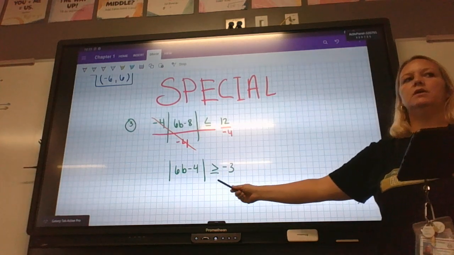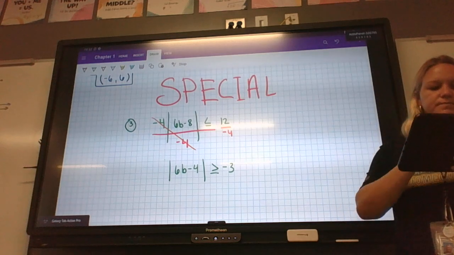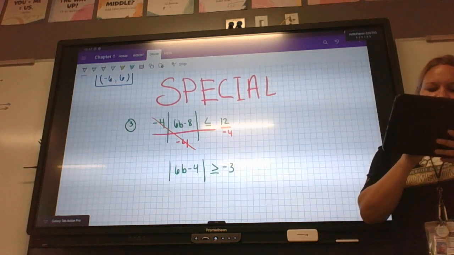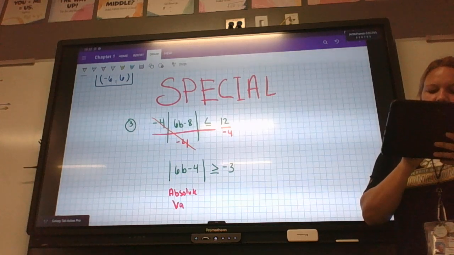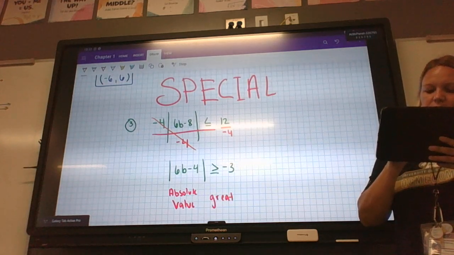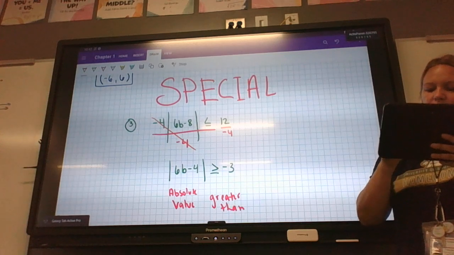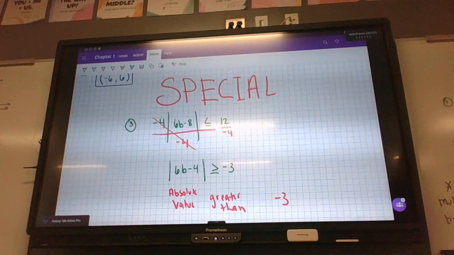Flipped my symbol, divided by a negative. And now this is what's special. This is saying that my absolute value, as it is written right now, is greater than -3.